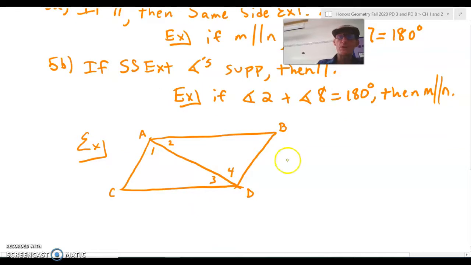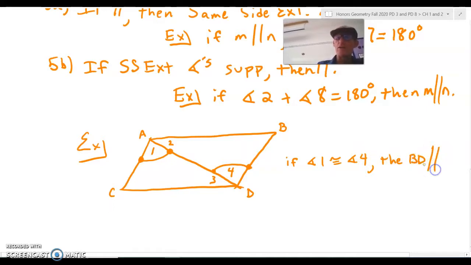Okay? If angle 1 is congruent to angle 4, okay, then BD is parallel to CA.